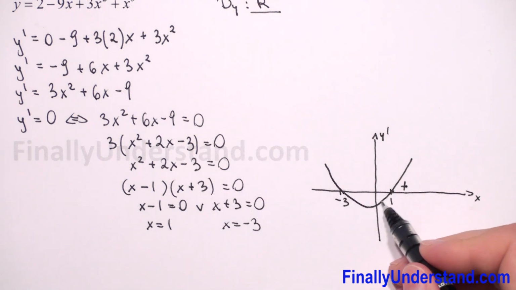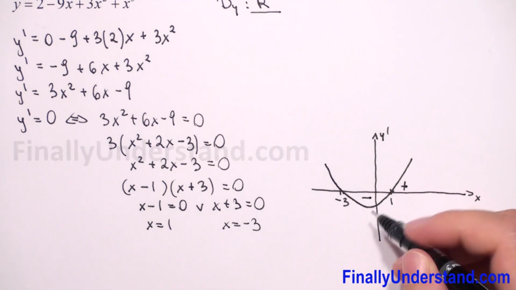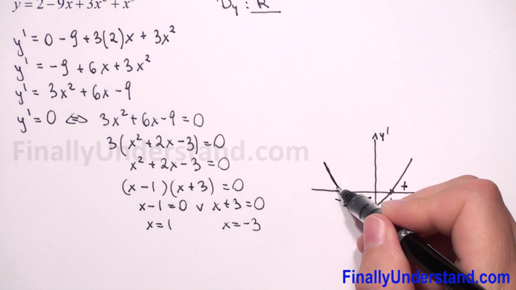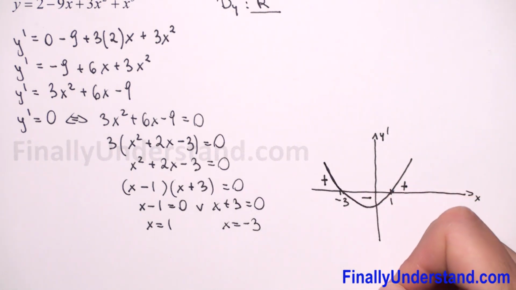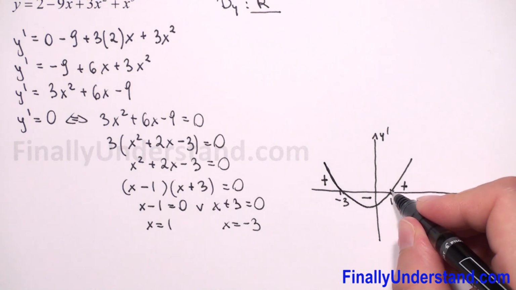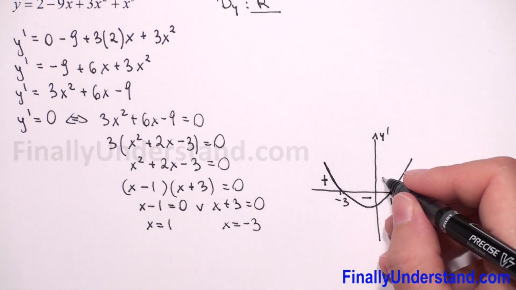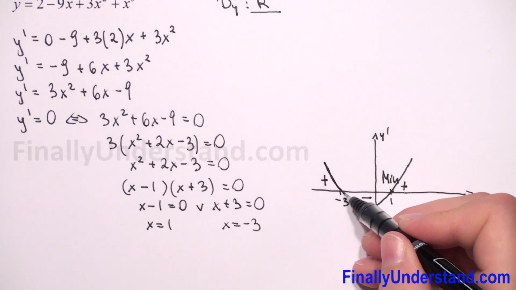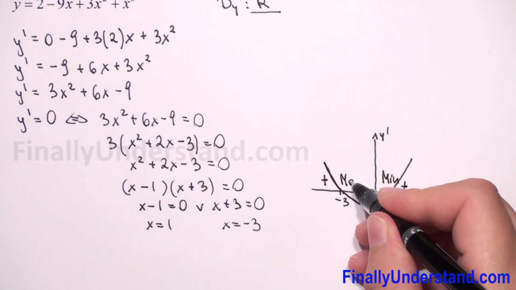This part is under the x-axis, so it has negative values, and this part is above the x-axis, so it has positive values. At 1, we change sign from positive to negative. When we change sign from positive to negative, we have a minimum. And at negative 3, we change sign from negative to positive. It means we have a maximum.